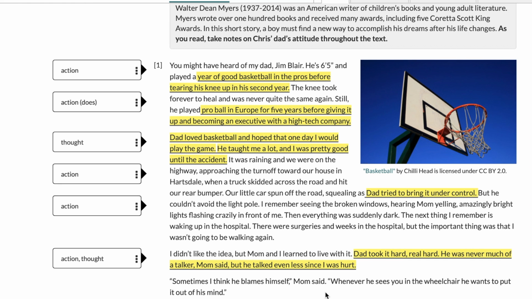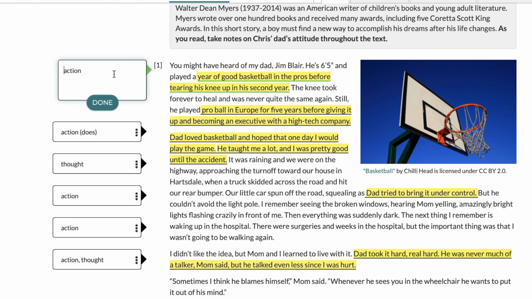So let's take a look at what we've highlighted and see if we can come up with any feelings that the dad might have. Let's start here. It was a year of good basketball in the pros before he tore his knee. So maybe in the beginning when he was playing, he may have felt really great or jubilant. Jubilant means happy.